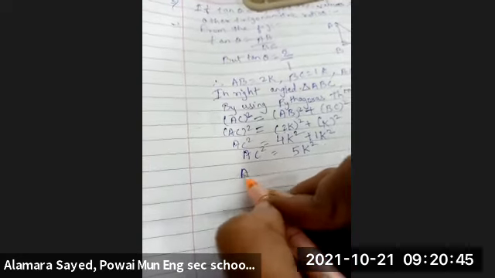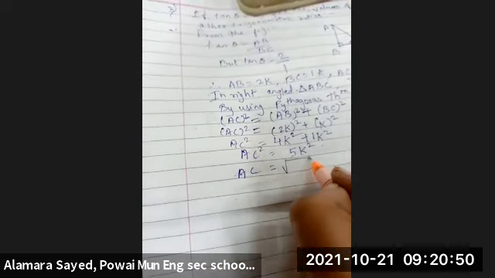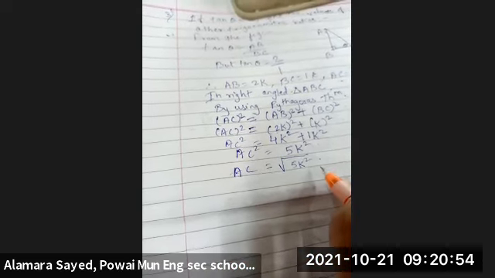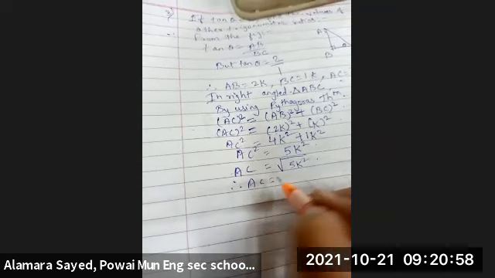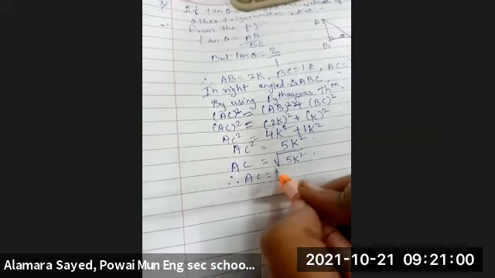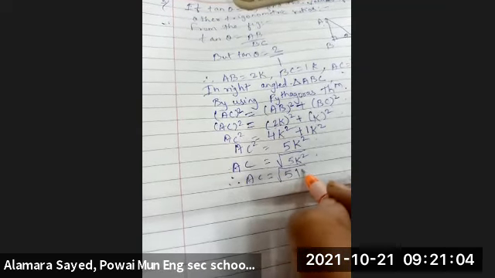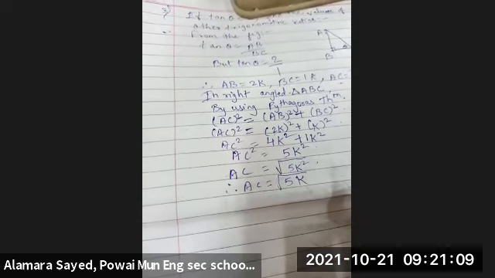So for finding AC, AC is equal to under root 5K square. Therefore, you can see that AC is equal to this root will be as it is, as we don't have any root of 5, and root of K square will become K. So AC is root 5 K.